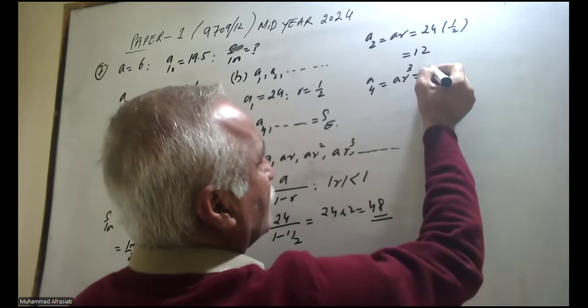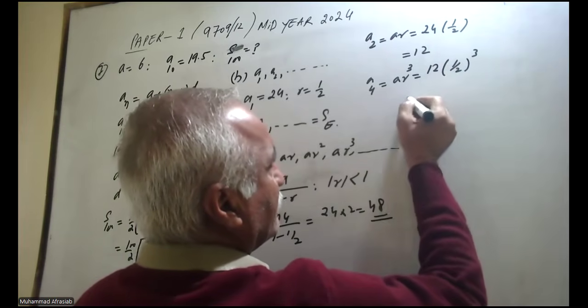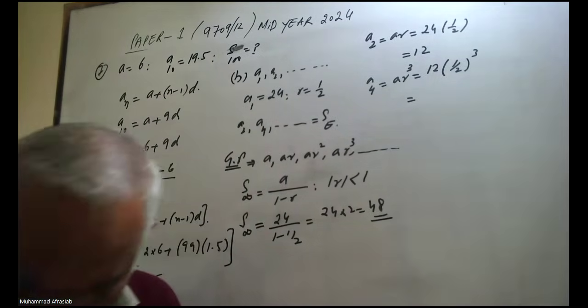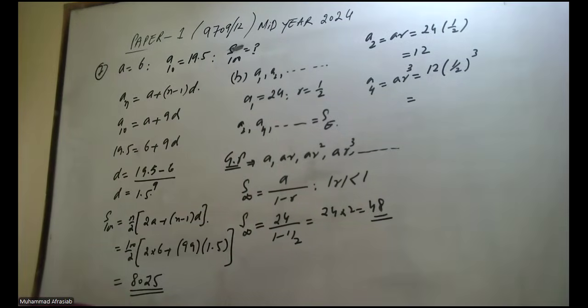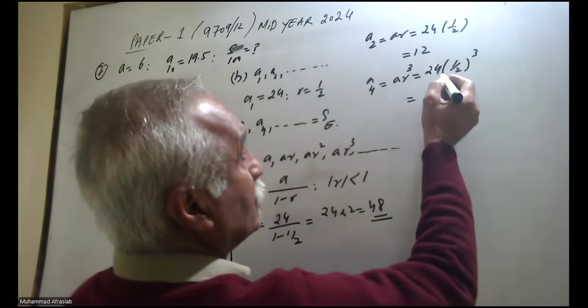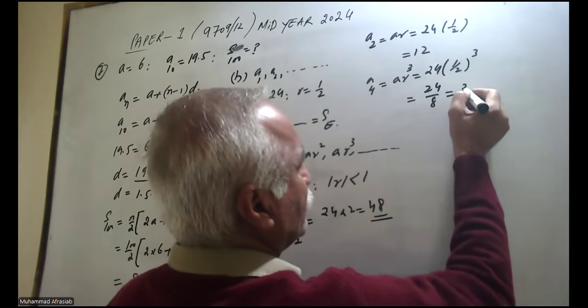So a is 24, r is 1 by 2 to the power 3, so that is 24 by 8, which is equal to 3.